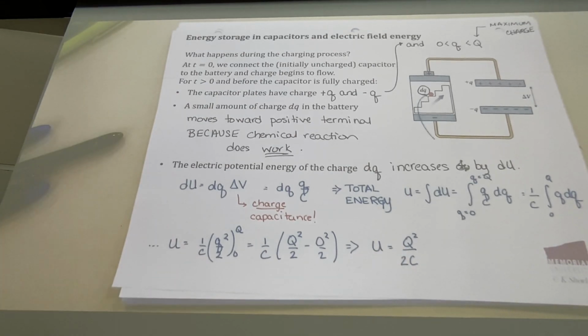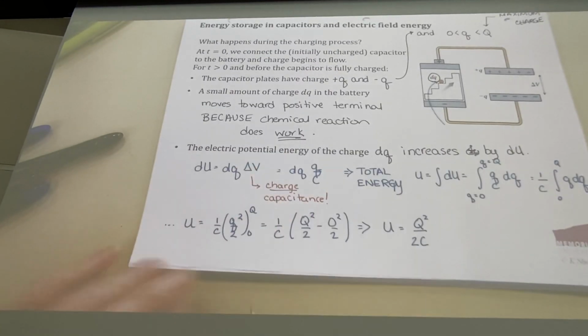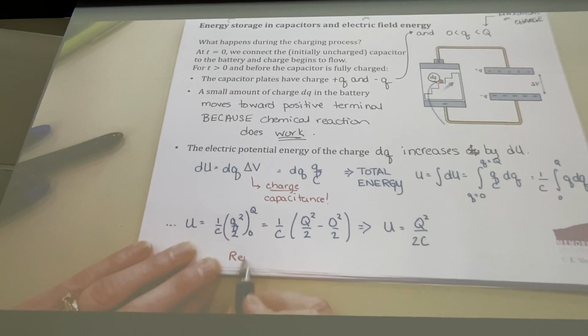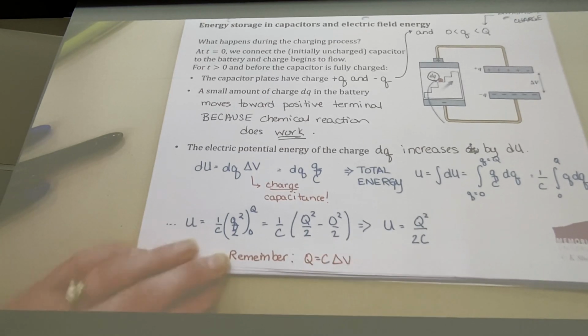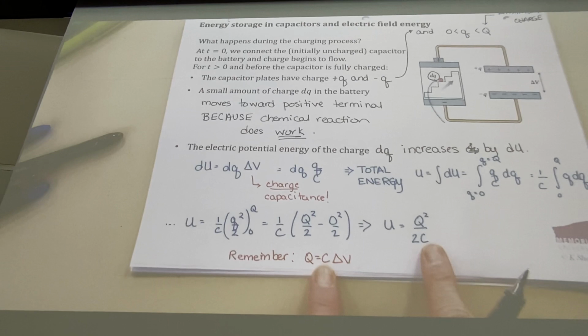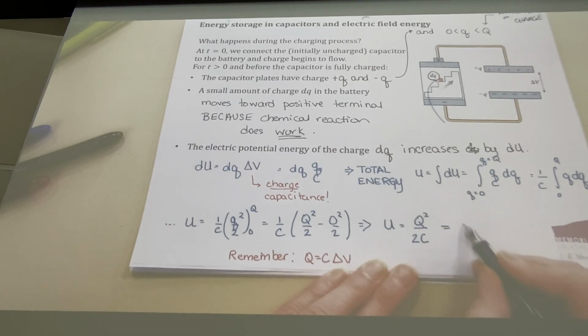One extra thing we can do with this expression, we can remember what we wrote down right here. Q is equal to C times delta V. So if we put in that C is Q over delta V, we also get Q times delta V over 2.